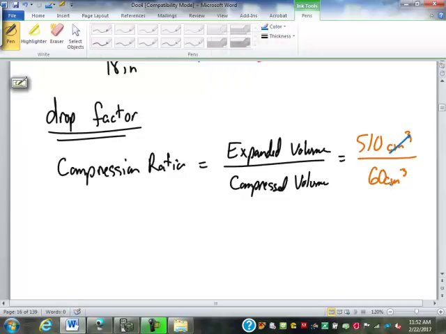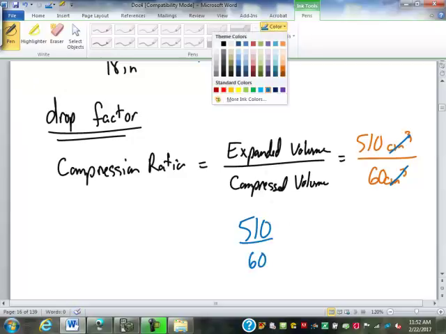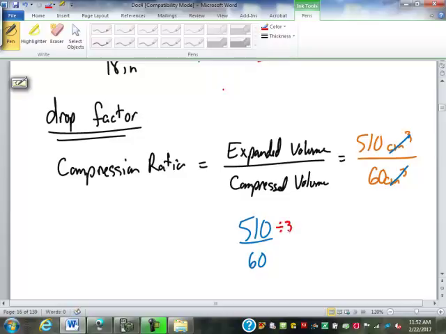Well, the cubic centimeters divide out. We have our 510 over 60 that we need to reduce. Both of those can divide by 30, which would leave us with 17 to 2, which is the simplest ratio we can create there.